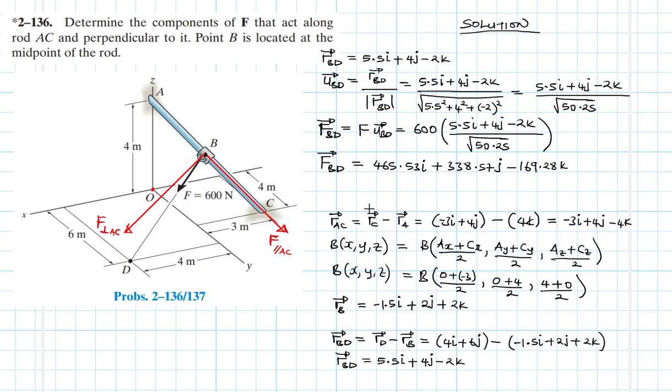So with that information, let's now go to AC. We find the unit vector along AC. We already found what RAC is. RAC is equal to minus 3i plus 4j minus 4k, like so.